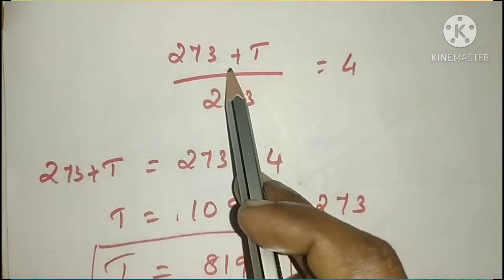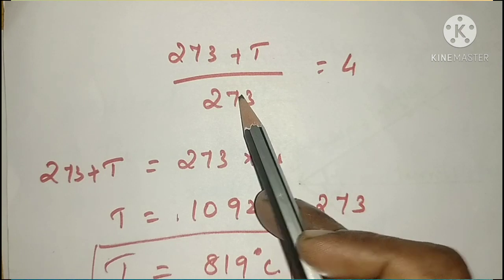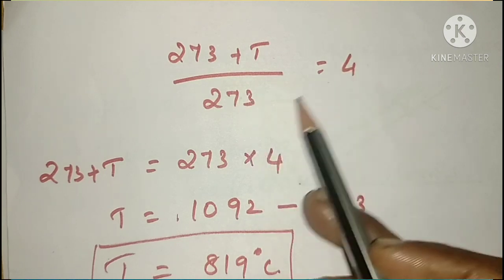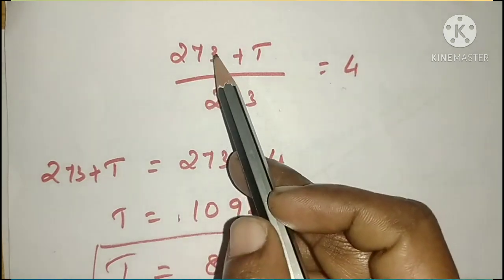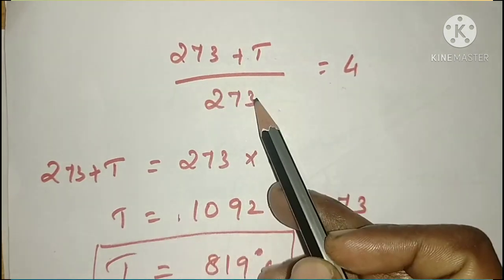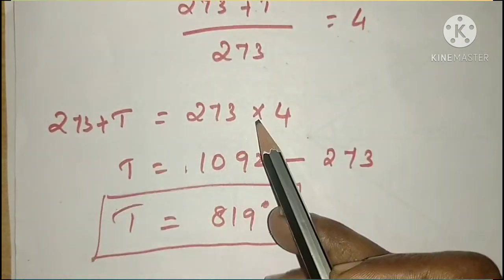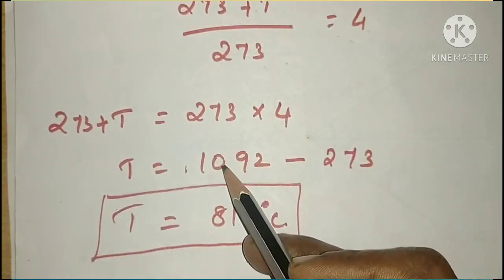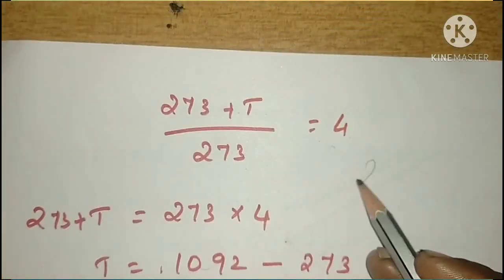So 273 plus T is equal to, next step we have to multiply this 273 here, 4 into 273. So 273 plus T is equal to 273 into 4. If we multiply 273 into 4, what we can get? 1092. You can multiply and check it.